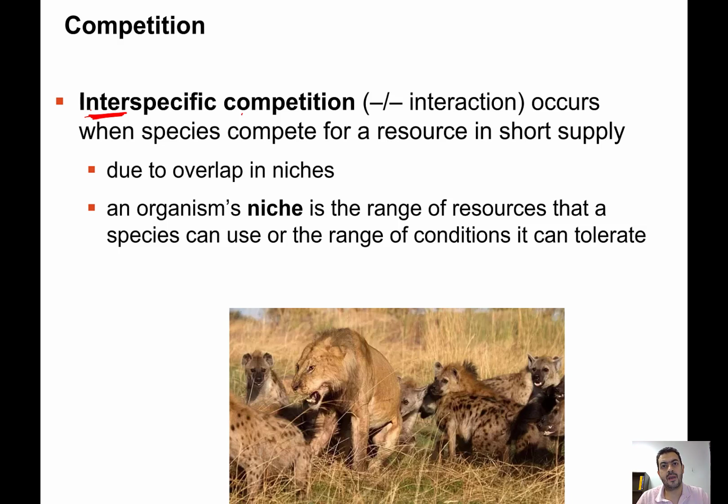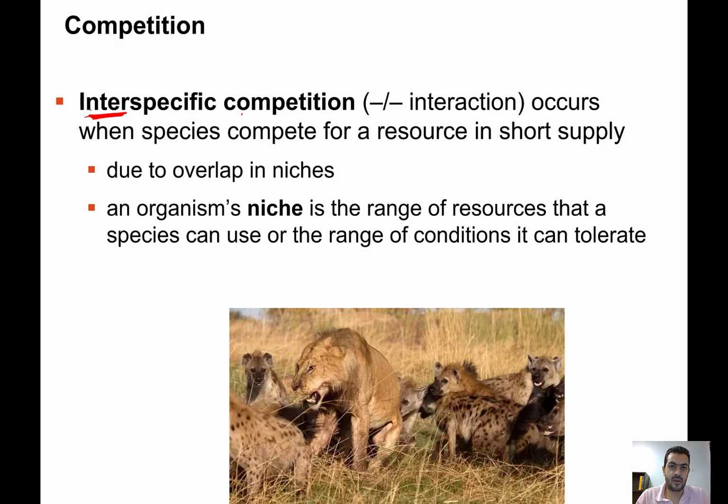This intra-specific competition is going to decrease the growth rate, the Rmax, and this is going to decrease the exponential phase of growth because it is affecting the carrying capacity of the environment.